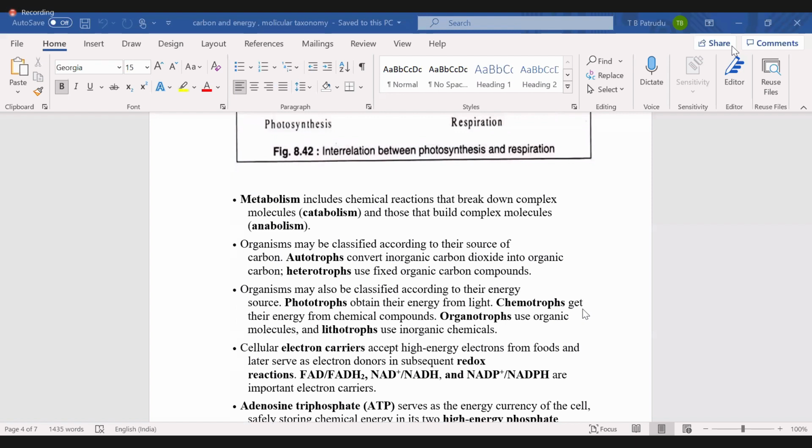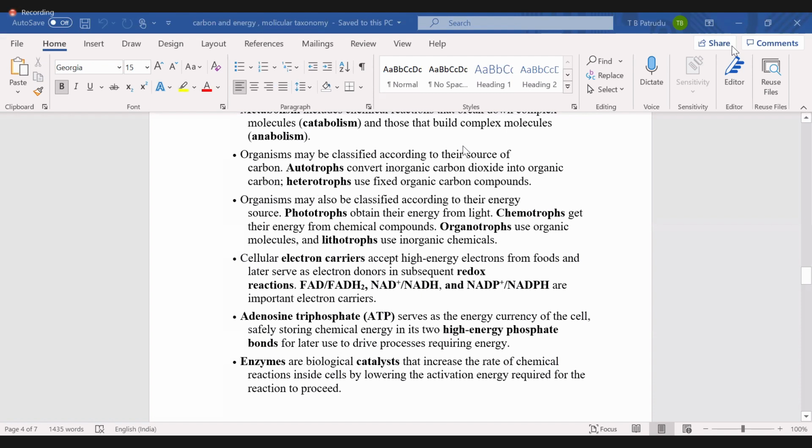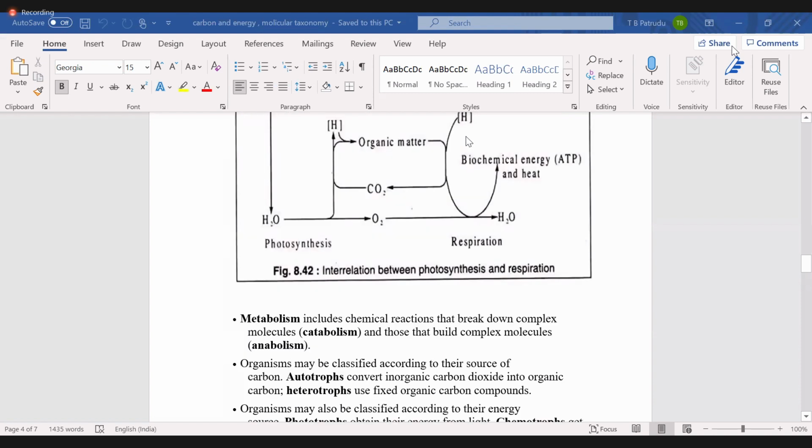Next, the cellular electron carriers. The high energy electrons serve as electron donors in subsequent redox reactions. The fatty acids, carbohydrates, and proteins all involve FAD and FADH2, or NAD, NAD plus, NADP, or NADPH, which release hydrogen in both anabolic and catabolic activities.